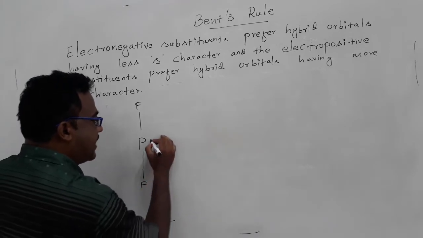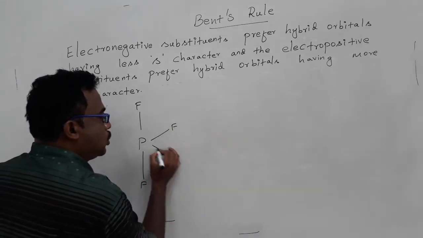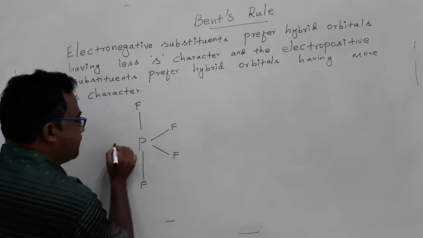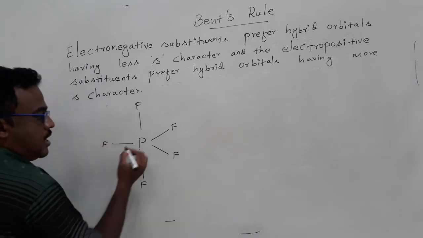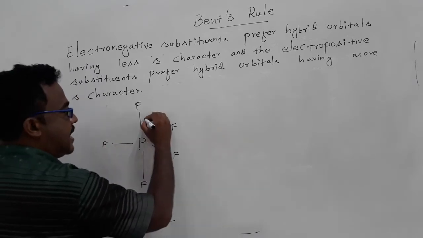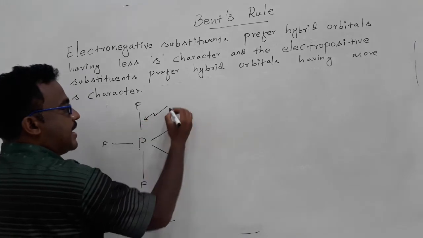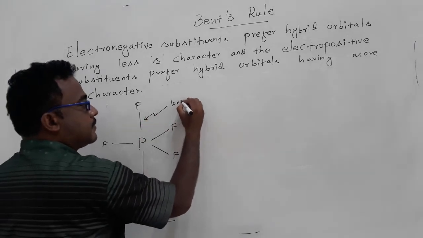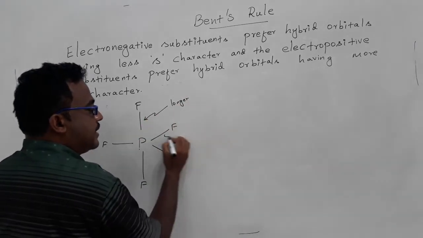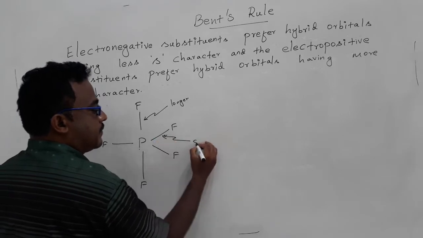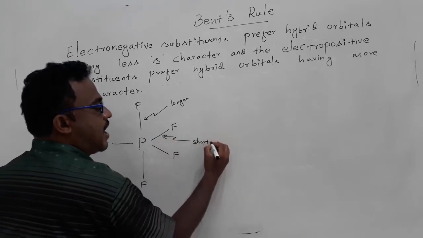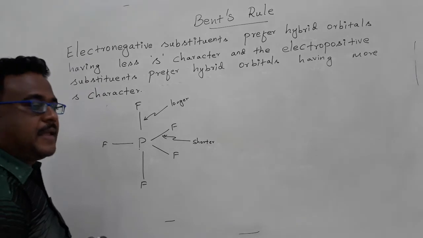Phosphorus pentafluoride has first of all two different PF bond lengths. This bond length is always longer and this bond length is always shorter. That we already discussed in VSEPR theory.